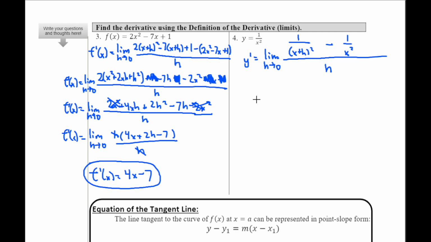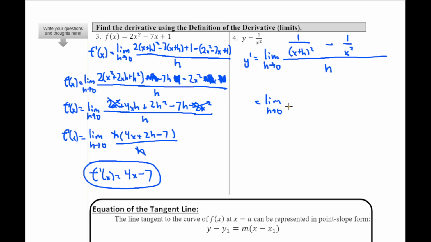So this is going to require making a common denominator with the fractions. So we kind of cross multiply here. Multiply this fraction here by x squared on the top and bottom. Multiply this fraction here by x plus h squared on the top and bottom.